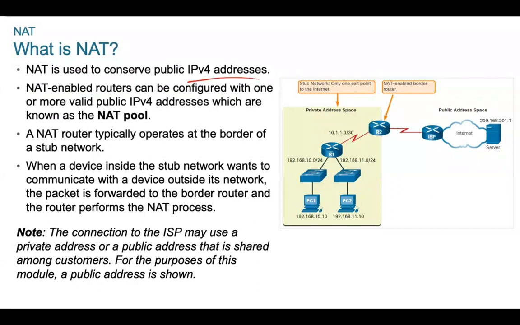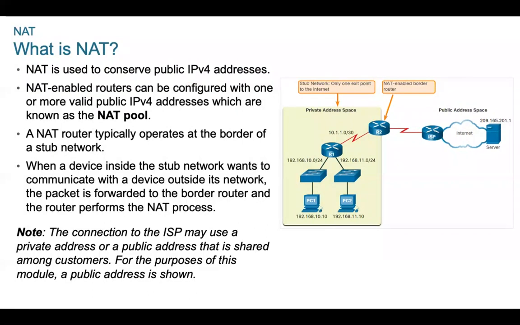It does this by allowing networks to use private IPv4 addresses internally and providing the translation to a public address only when it is needed. Because if these devices want to communicate with external devices, only then is the translation needed. If these devices communicate internally, they don't need a public IPv4 address.